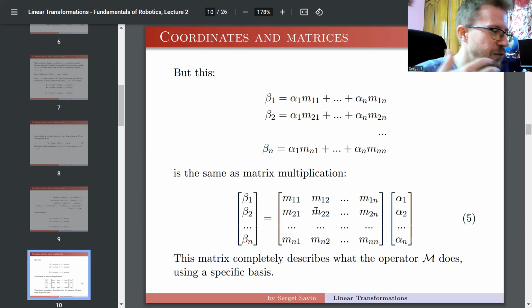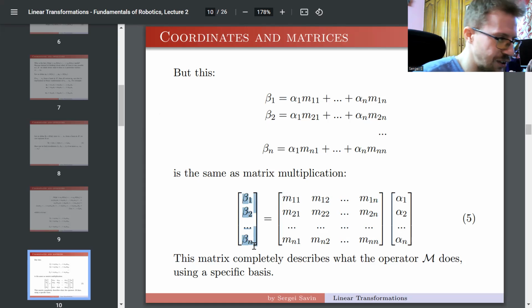If you want to use vector matrix multiplication to express a linear operator that acts on a vector, you have to make sure that the linear operator is expressed in the same basis as the vector itself. And the result would also be expressed in the same basis. And the result would be coordinates, not the vector.